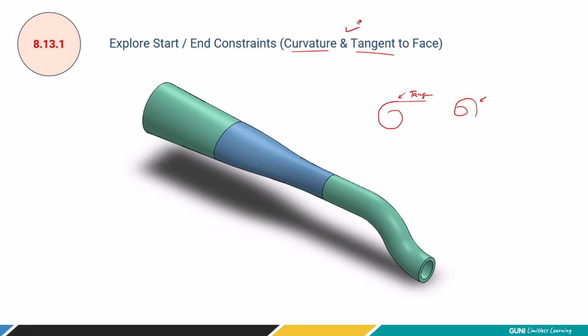So this is the difference between these two options which are available in loft under the start and end constraint when we have cylindrical end faces, which will give very subtle control over how the material or profile will connect to each other. So this will help us to create a very organic consumer product.